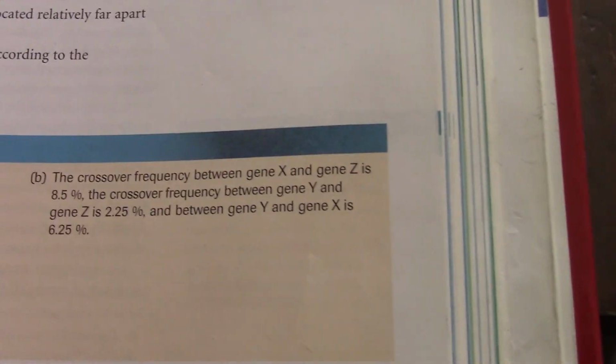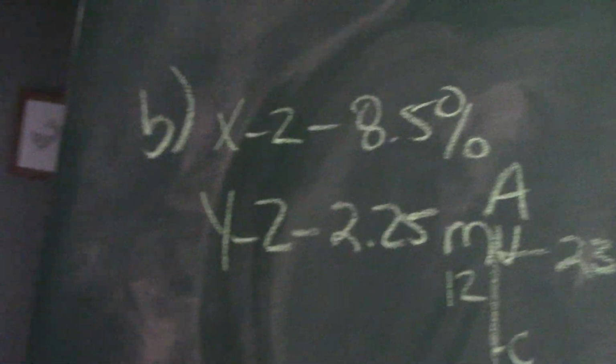Y and Z is 2.25 map units. Okay, 2.25 map units. And Y and X is 6.25 map units.